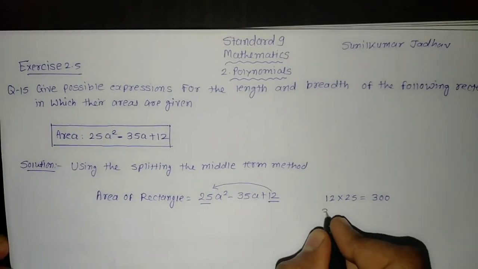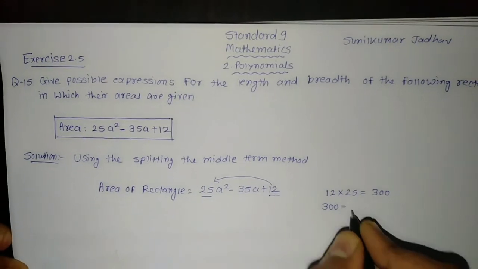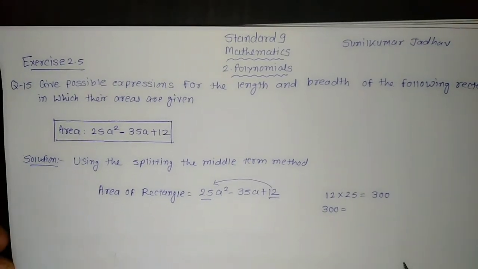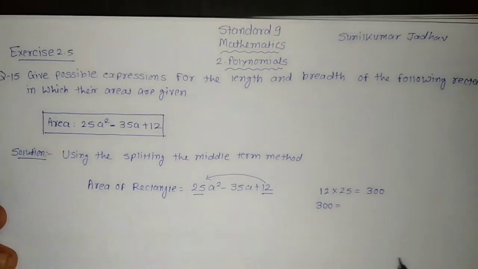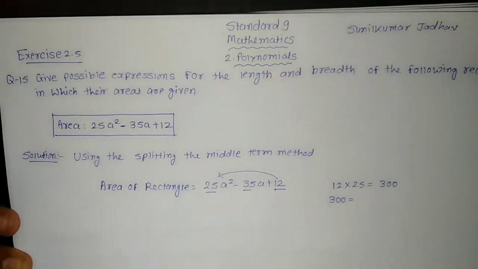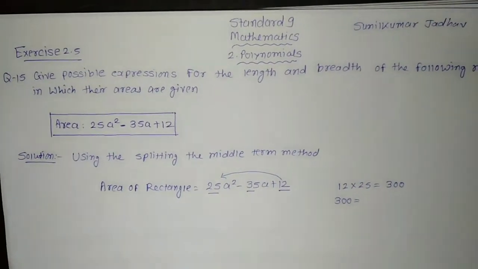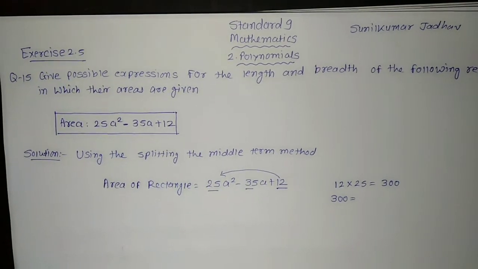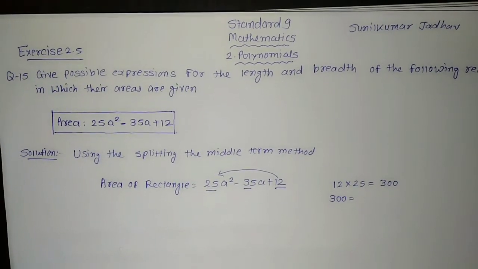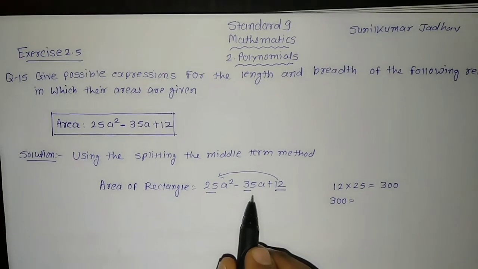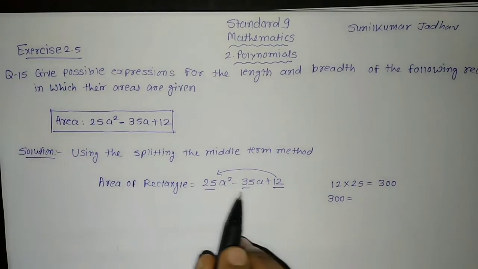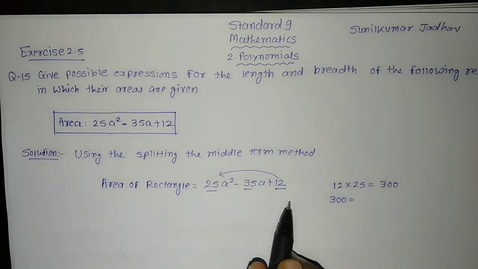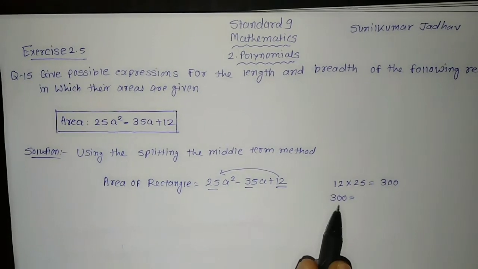Now we have to factorize this 300 in such a way that the sum of the two factors will be this middle term, that is 35, we can say minus 35, and their multiplication must be 300.